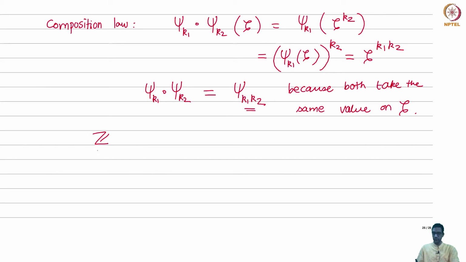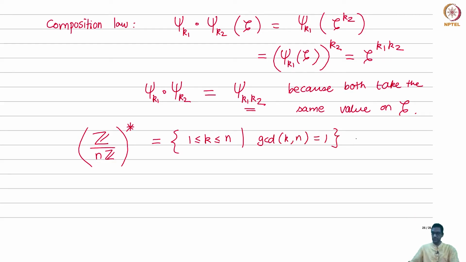So let's take the cyclic group, if you wish, z mod nz star. Okay, what does this mean? This is just integers modulo n, but I'm just going to take the units in this ring. One way of saying it is it's all numbers from 1 to n which are relatively prime to n, and this is thought of as a group under multiplication modulo n.